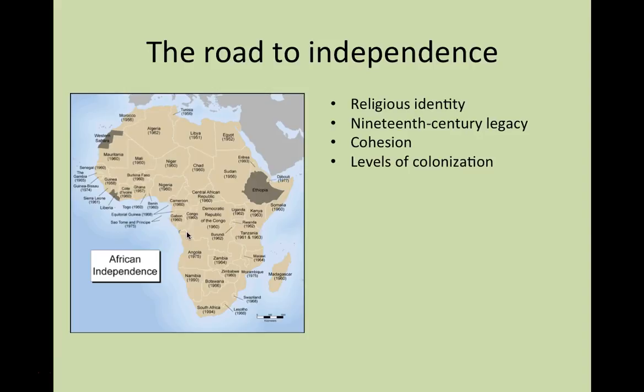Also, a factor in the gaining of independence were the levels of colonization. And there's a divide here between places that witnessed a peaceful transfer of power to a constitutional government, and places that were racked for years with violence before independence was finally granted, often on sort of coercive terms.